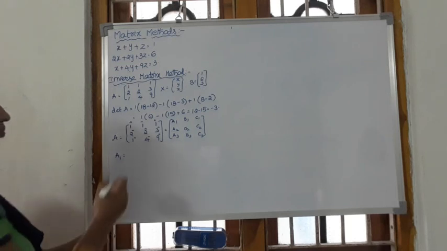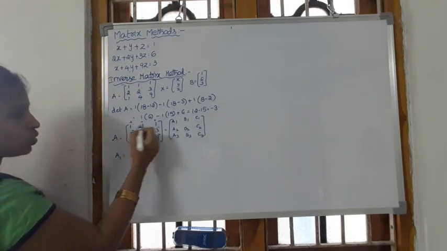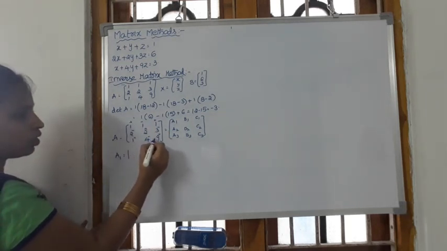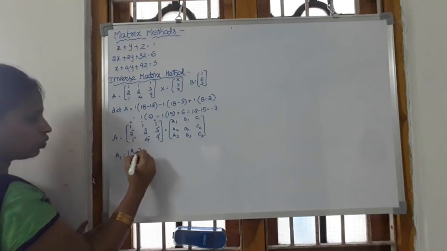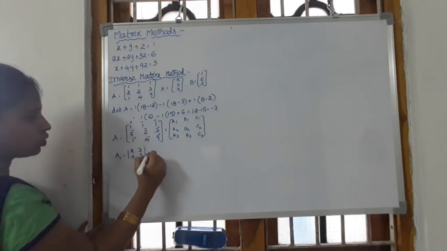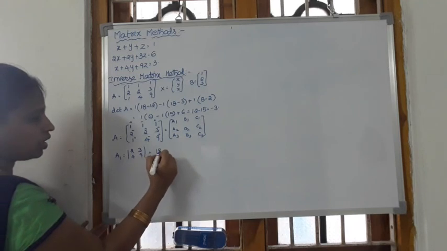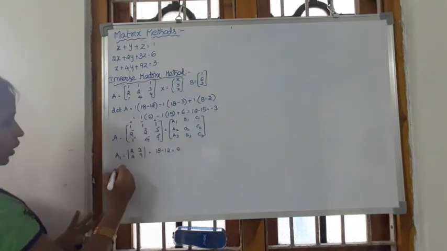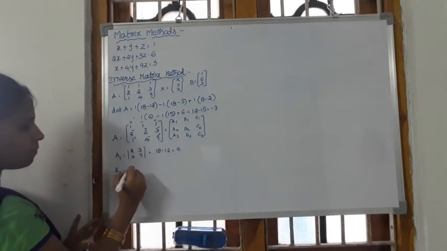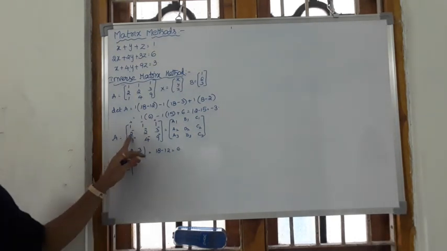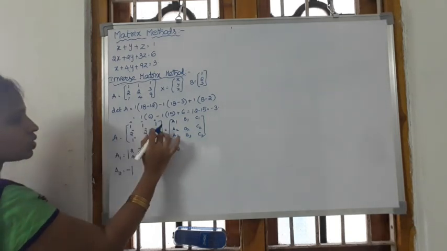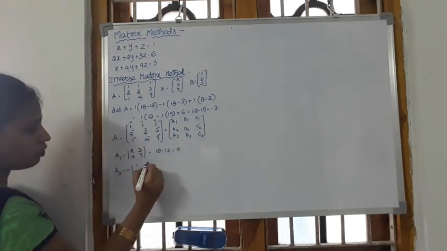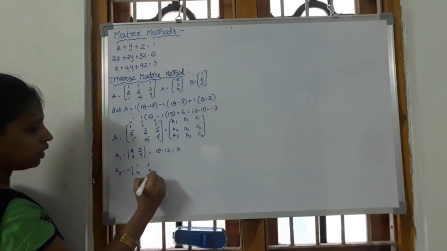Now A1 means remove first row and first column. Remaining 4 elements, 2, 3, 4, 9. To get the determinant is 18 minus 12 is equals to 6. Now A2 has minus symbol, this one. Remove this row and this column to get 1, 1, 4, 9.